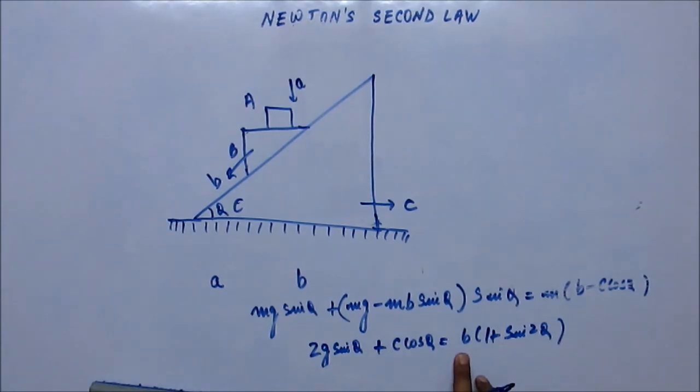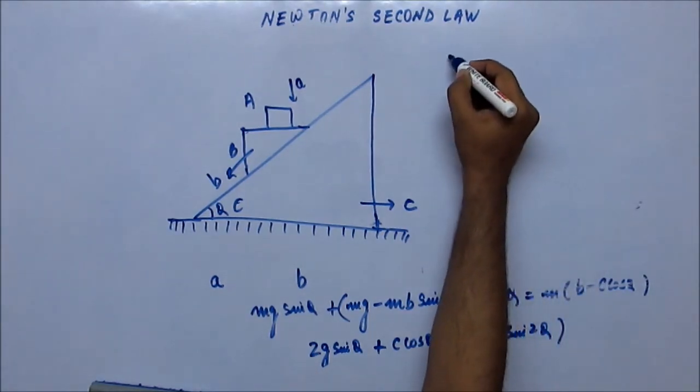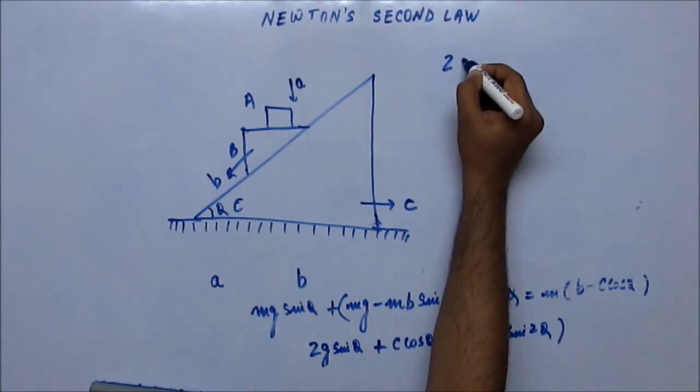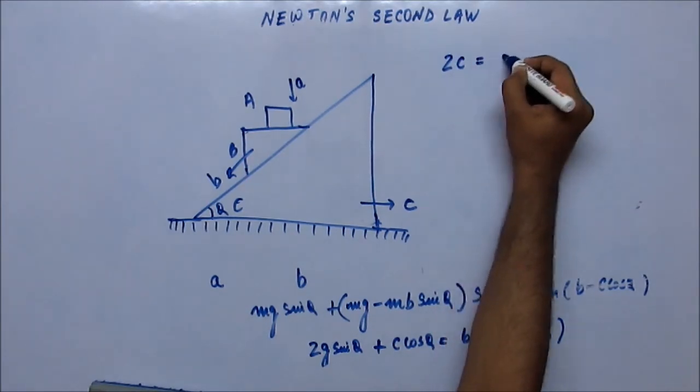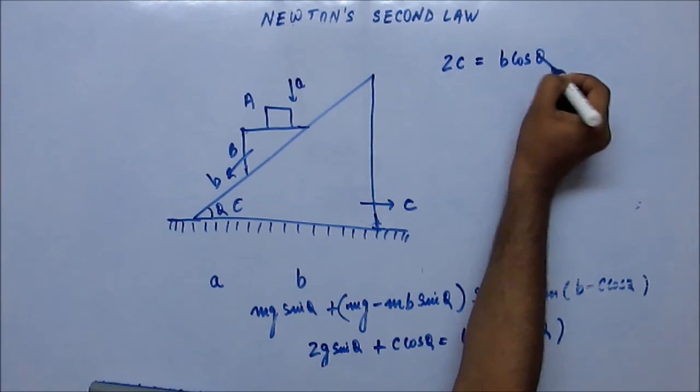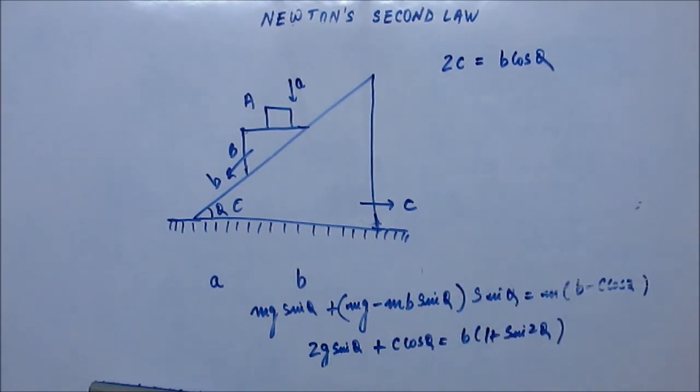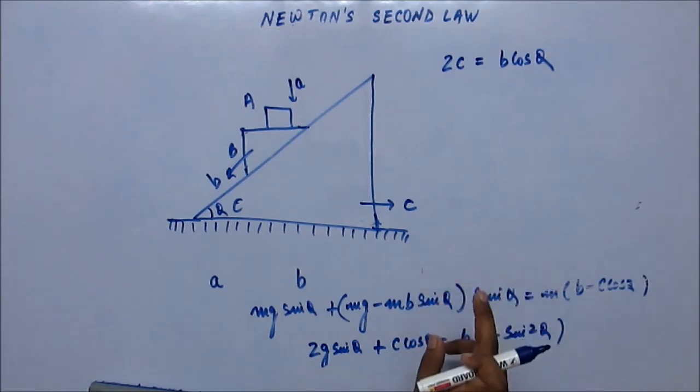Okay, so B you have got. So B would be, from this equation, in terms of C. And remember, from the first equation, what did we have? We had 2C is equal to B cos theta. Fine. So if we replace B from here and put it there, what would we get?